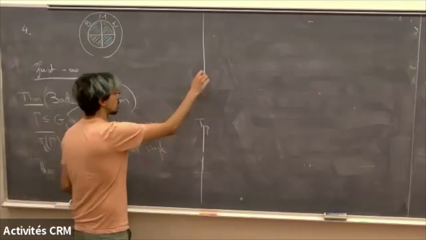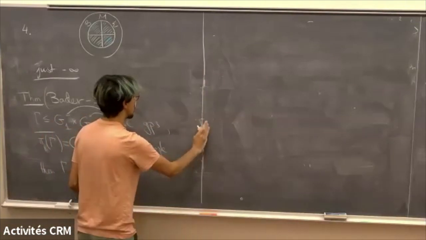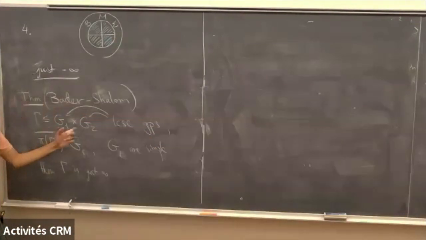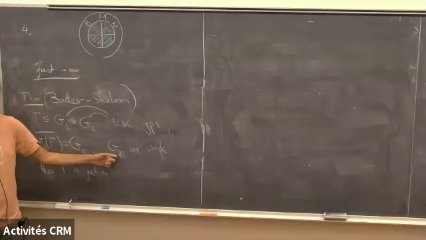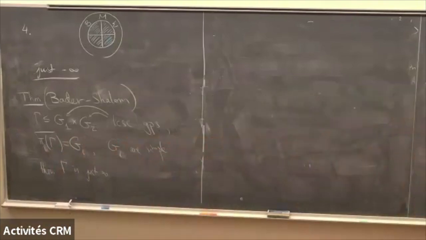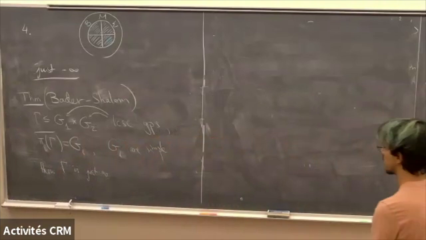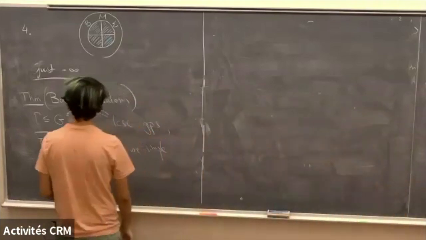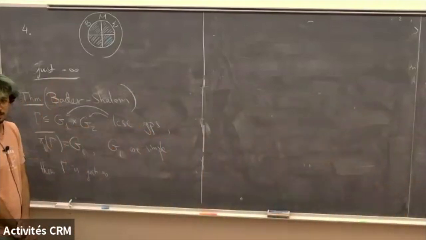So what do we need to do now? Well, we need to find those G_i's and a lattice that will project to those G_i's and make sure that they're simple. Topologically simple is enough. In fact, what you need is just non-compact.